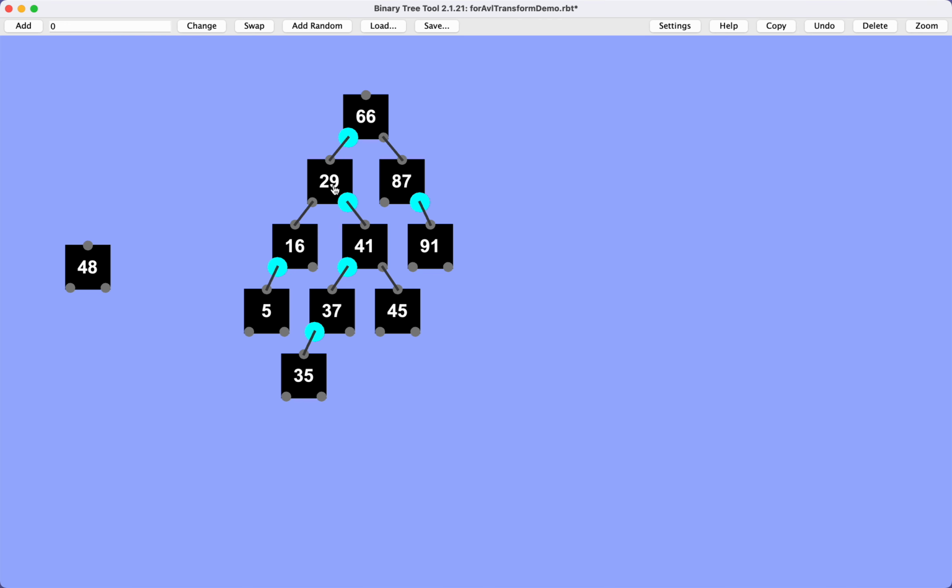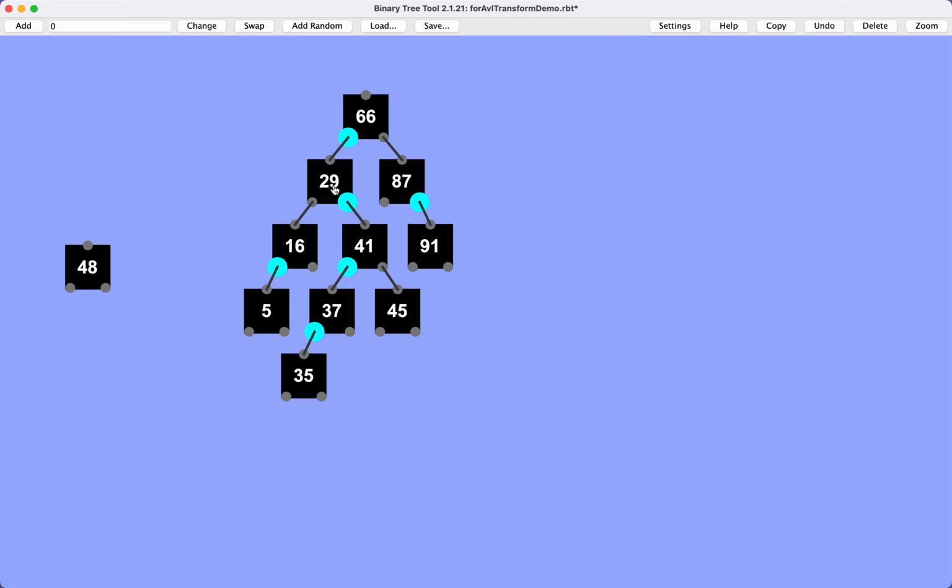And now the 66 has seen the 29 has grown in height. Now in this particular case, it is already left-leaning. We want to make it more left-leaning. I'm going to mark that red, meaning it's leaning too far to the left, which means it's an illegal AVL tree. Here we need to do a transformation.